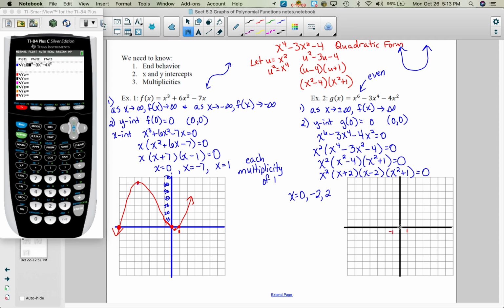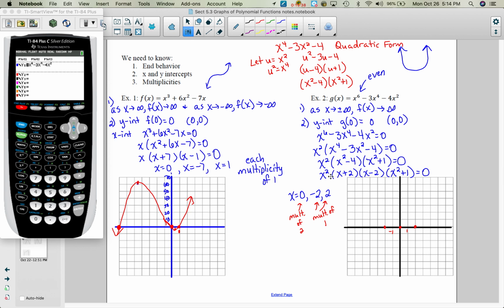So I have a 0, at -2, and at 2. Now when we look at these, the 0 has a multiplicity of 2 because it's squared, and these both have a multiplicity of 1.